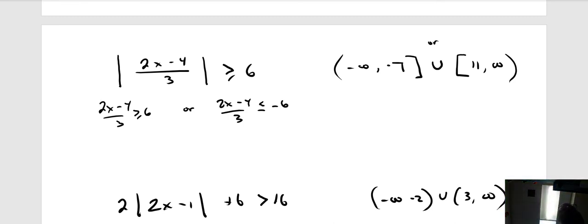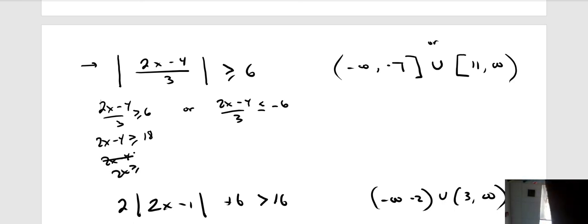Anything that fits either of those will solve this original line right there. So 2x minus 4 greater than or equal to 18. 2x greater than or equal to 22, so x greater than or equal to 11.